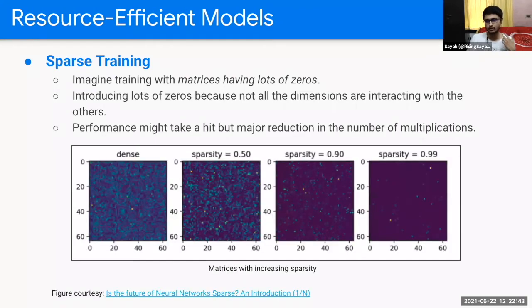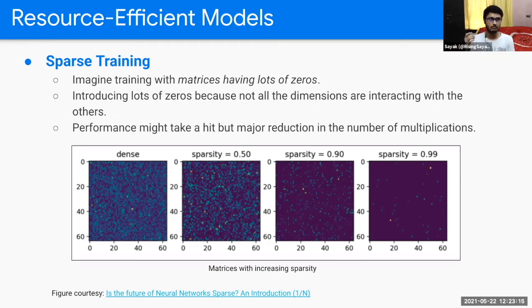So if you introduce lots of zeros in your matrices at initialization time, performance might take a hit, but you also get a major reduction in the number of multiplications, because we have all the clever tricks of vector multiplications that can benefit from the fact that our matrices have lots of zeros. We can essentially compress many matrices and do the multiplication way quicker, right?